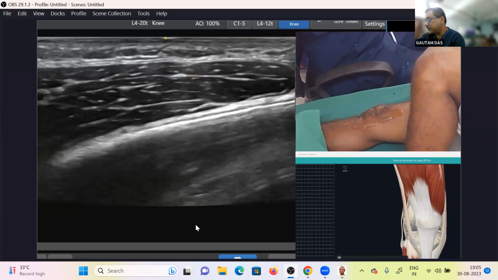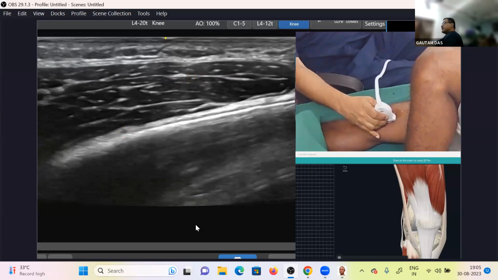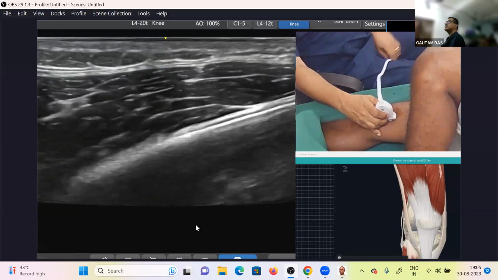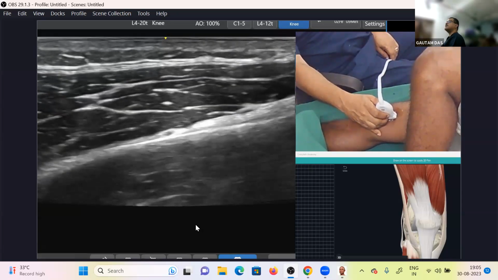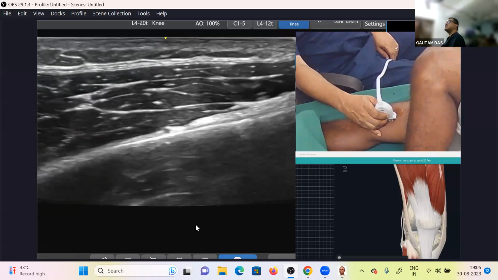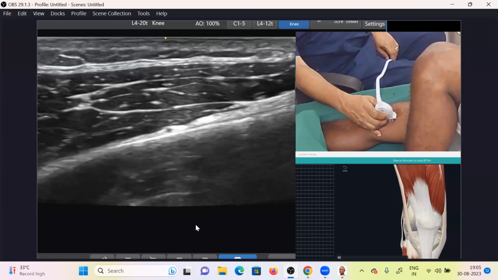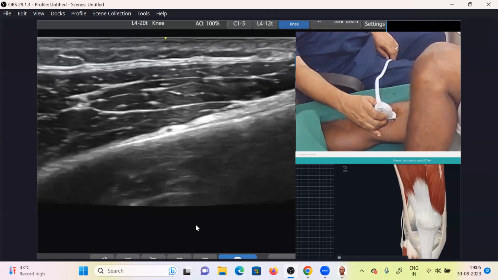Sometimes nerves are seen, this is your nerve, and this was your artery. Again, I'm showing you. Can you appreciate the nerve very nicely? The hyperechoic structure just distal to the artery, just adjacent to the artery. So that is the nerve.